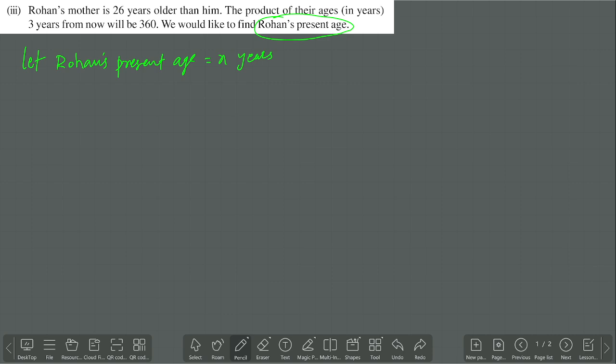And I'm going to take y as Rohan's mother's age. Rohan's mother's present age is equal to y years. So like that we are assuming here.